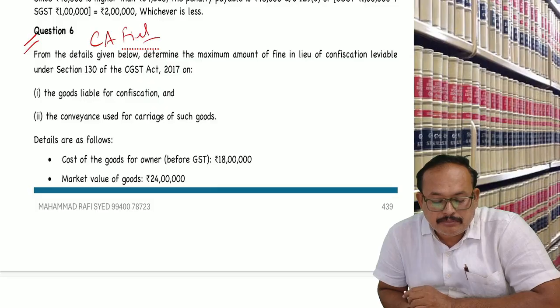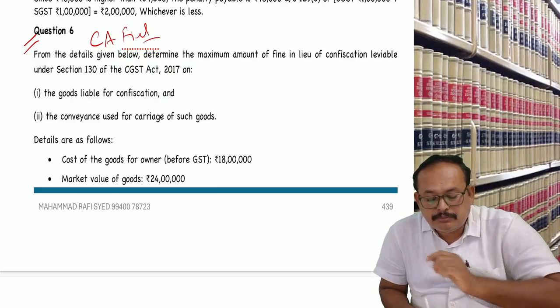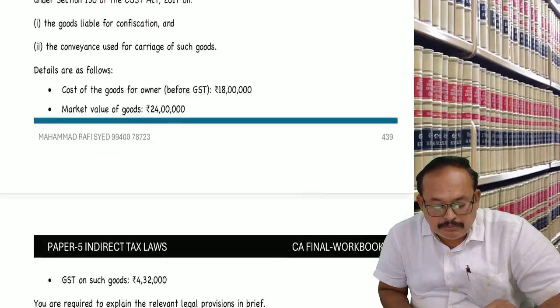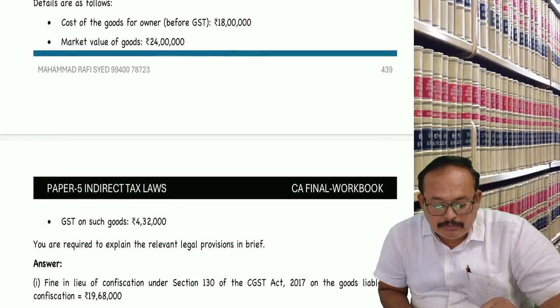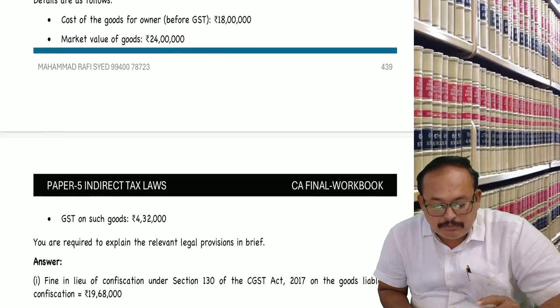The goods are liable for confiscation and the conveyance used for carriage of such goods. Details are as follows. The cost of goods for the owner before GST is 18 lakhs, market value of goods 24 lakhs, CGST on such goods is 4,32,000. You are required to explain the relevant legal provisions in brief.